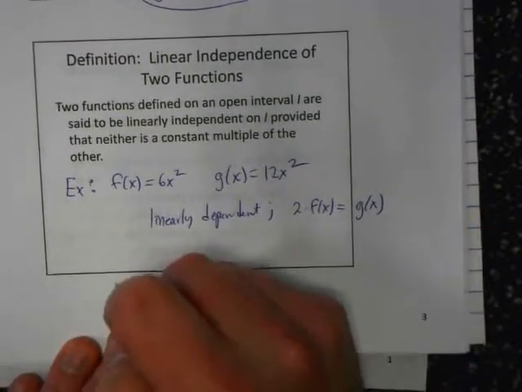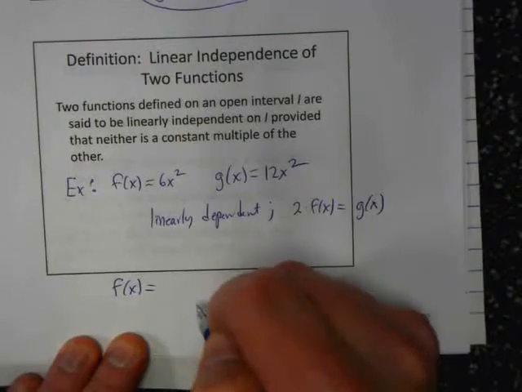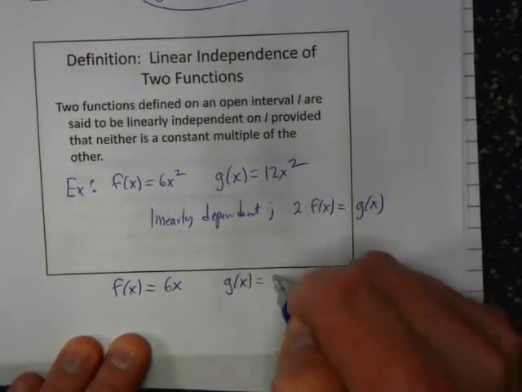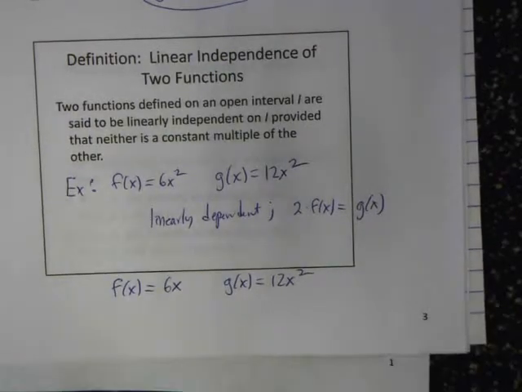How about the functions f of x equals 6x and g of x equals 12x squared? Are those linearly independent? They are linearly independent. I don't know why though.